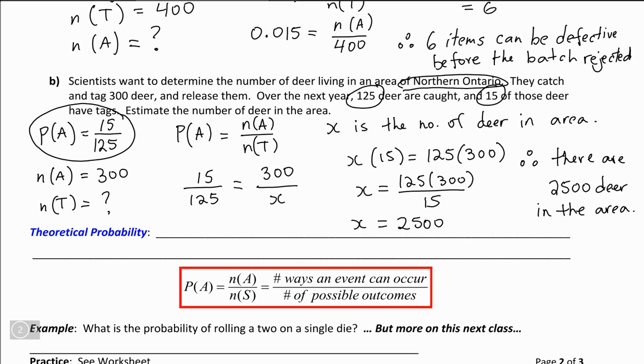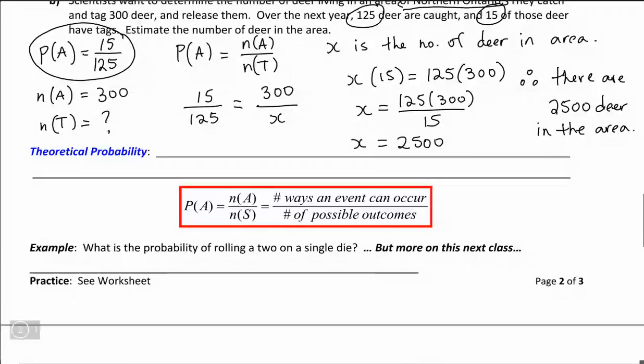They found 15 of those were tagged, and the rest were not. Okay, so how come the rest were not? Well, because the population of the entire area is not 300; it is actually way more. So they use that probability. Okay, so 15 of the 125, and they can use that to estimate the total number of deer. So if you know you tagged 300 of them, then the total number would be x, and x is what we're solving for.